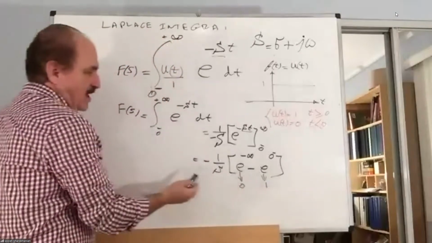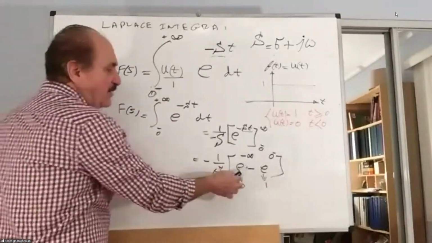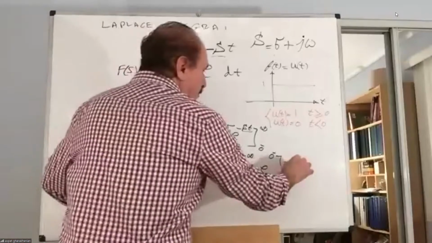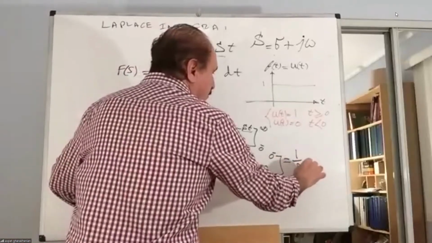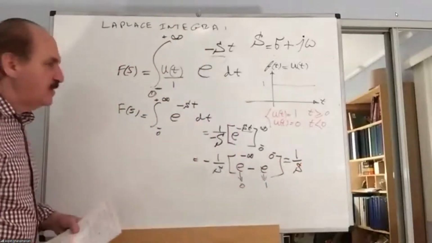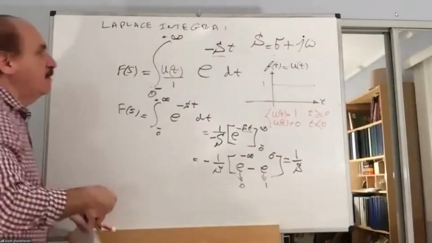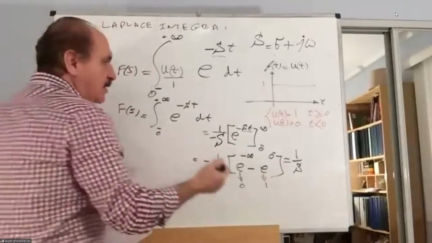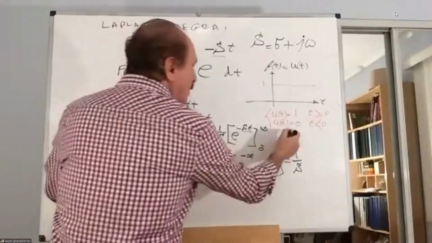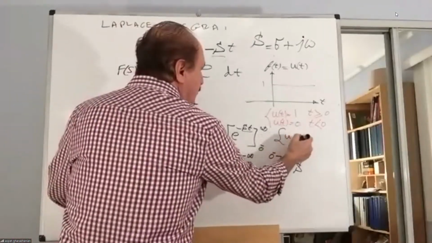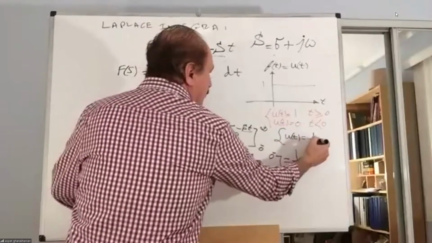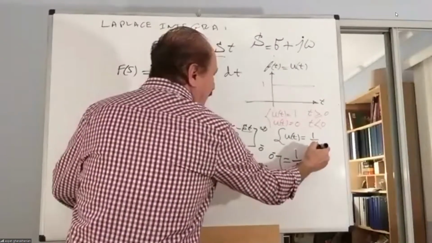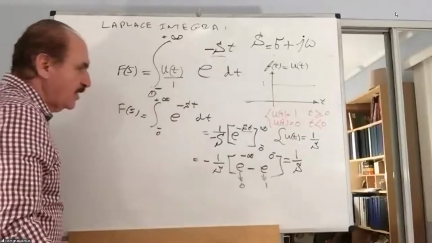So you will have minus 1 upon s times minus 1, 1 over s, period. Okay, we got it. In the table, one more function is added. The Laplace transform of u of t is 1 over s.